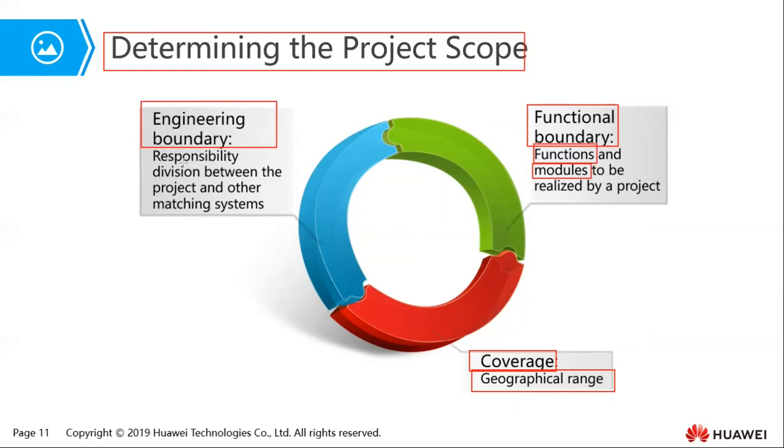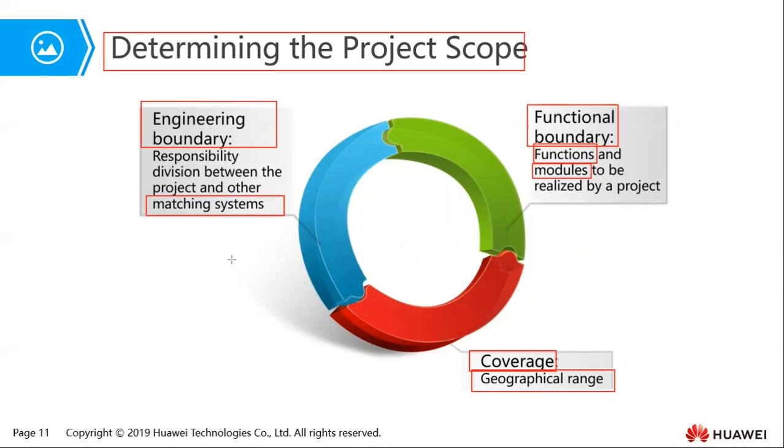The engineering boundary. So responsibility division between the project and other matching systems. Now remember we said that a network project is not an independent project. It relies on other, what they're calling here, matching systems.